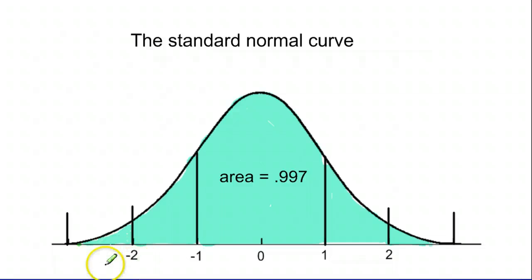And then finally, once you go out to -3 and +3 standard deviations, you're talking about 99.7% of all data. So if your data follows a normal distribution, the probability of being outside of those ±3 standard deviations is incredibly, incredibly low.